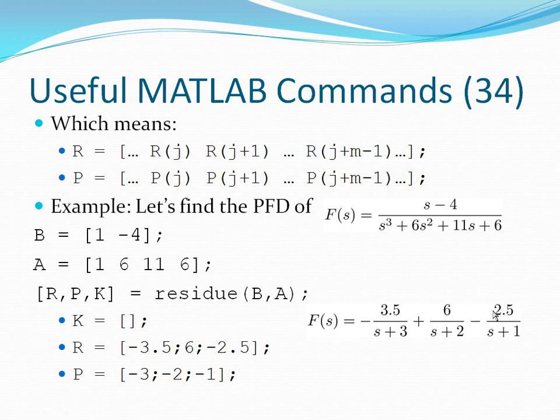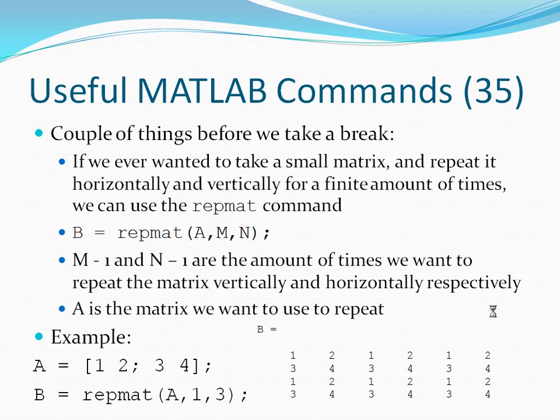Okay, so a couple of things before we get on to more advanced topics. If you ever wanted to take a small matrix and repeat it horizontally or vertically a finite number of times, you use what's called the repmat command. How this works is you specify the matrix that you want to copy over, and then m and n determine how many times you see the copied matrix horizontally and vertically.